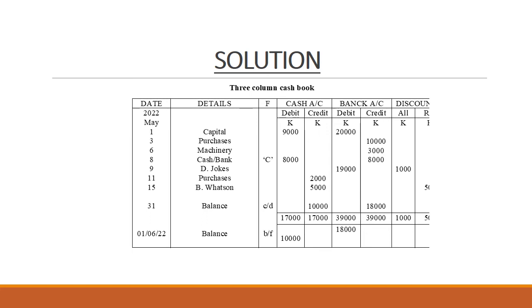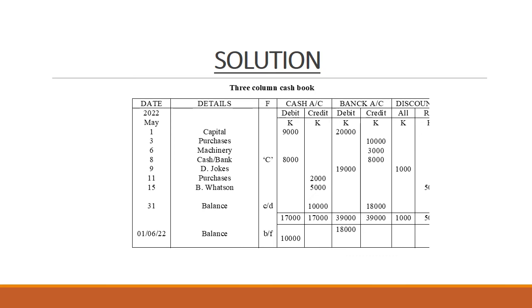So here we have indicated 17,000 because once you add 9,000 plus 8,000, it gives us the 17,000. Then once you subtract the total of the credit entries, it will give us the 10,000 kwacha as the balance which we are carrying down to the next month. In this case, we are talking about the month of June. So this is the money that the business will start with as we open the month of June.